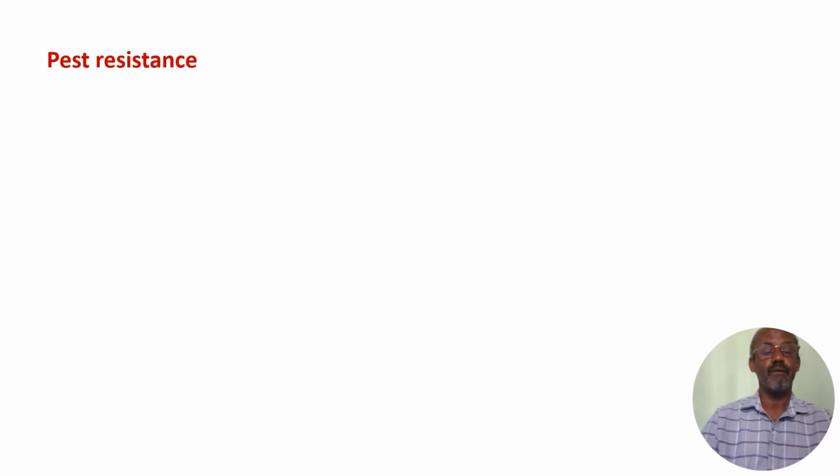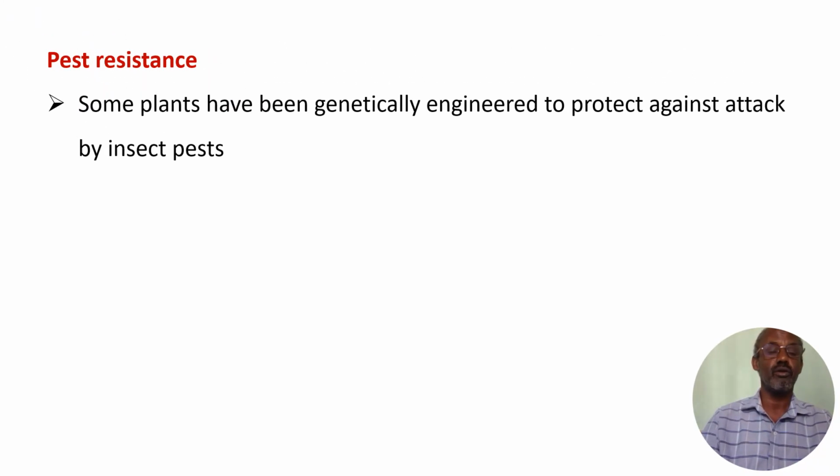And the other aspect, for example, pest resistance. One area of genetically engineering plants is to give them the ability of pest resistance. Therefore, one area of biotechnology in plants is giving the plants genes so that they can produce chemicals that can kill pests.